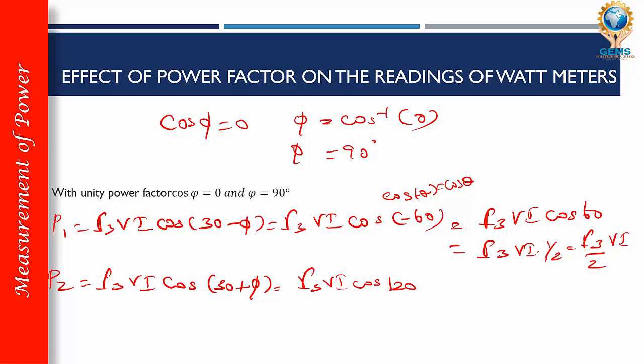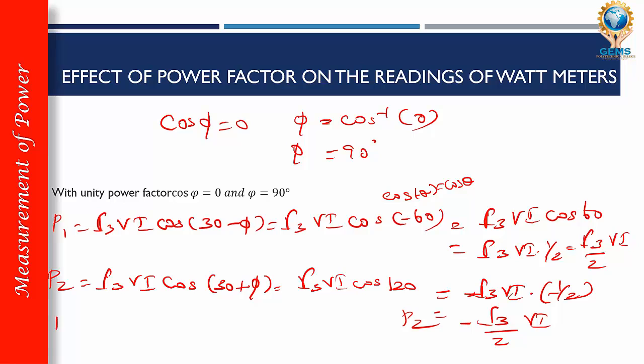So what is cos 120? It is nothing but minus 1 by 2. I get the value of cos 60, but the magnitude will be negative. So root 3 Vi into minus 1 by 2, which is equal to minus root 3 by 2 into Vi. So this is P2.